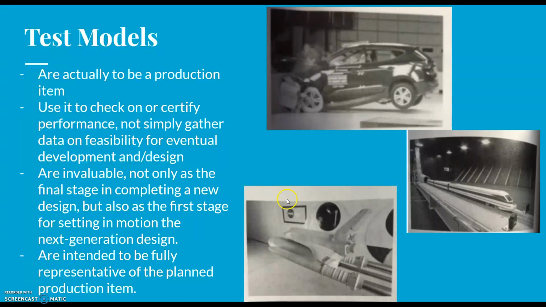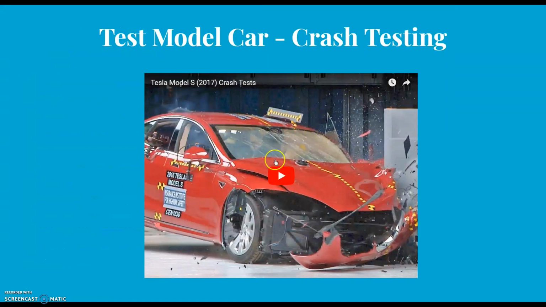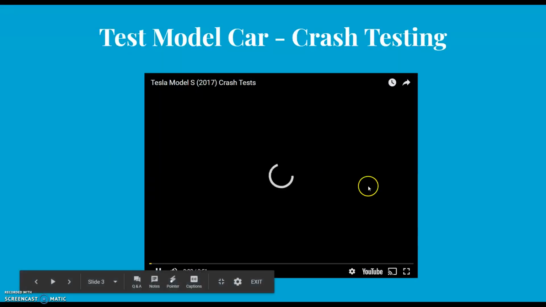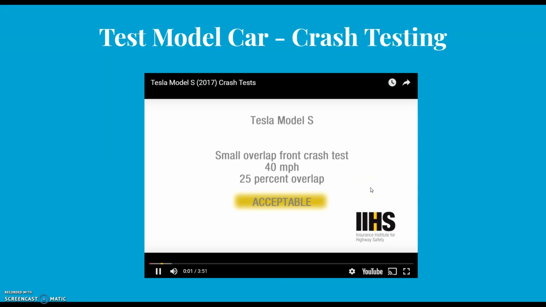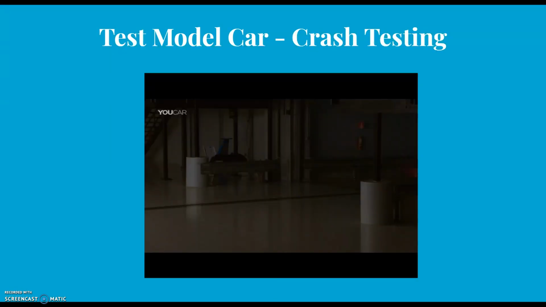And you can see most of the time test models are full size, as said earlier. So this is just an example of a test model car for crash testing. And I'm sure that you've seen numerous commercials that look very similar to this.